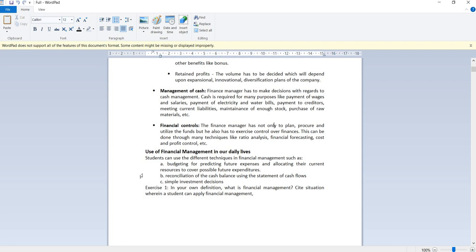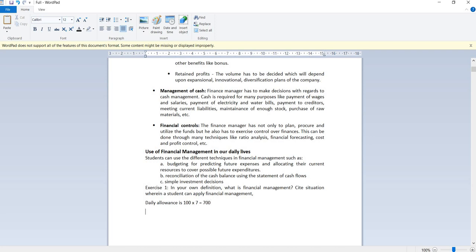So, example tayo, let's say that your daily allowance is 100, and then so in a week that is 700, right?